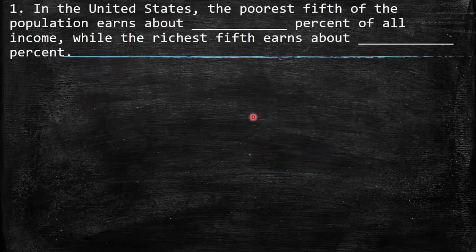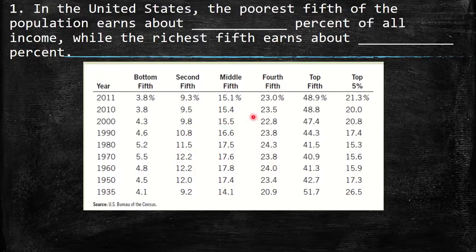So the first question says, in the United States, the poorest fifth of the population earns about percent of all income, while the richest fifth earns about percent. Then we need to have a look at the table that we saw throughout this chapter.